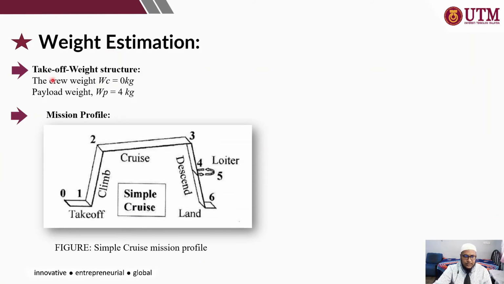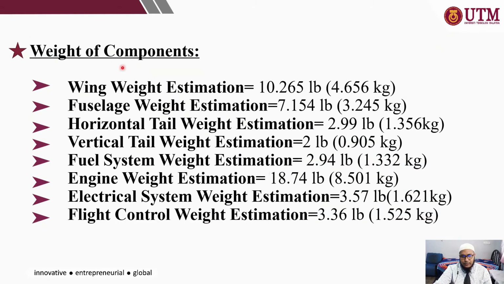And then weight estimation. For the takeoff weight structure, the crew weight was 0 as there is no crew, and payload weight WP equals 4 kg. For the mission profile, here is the simple cruise mission profile: takeoff, climb, cruise, descent, loiter and land. And then weight of components. In our aircraft, the wing weight estimation we got is 10 pounds, equal to 4.65 kg.